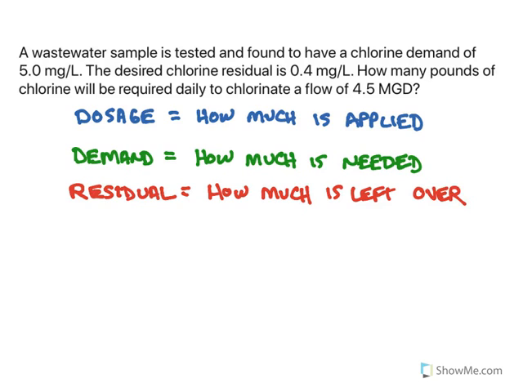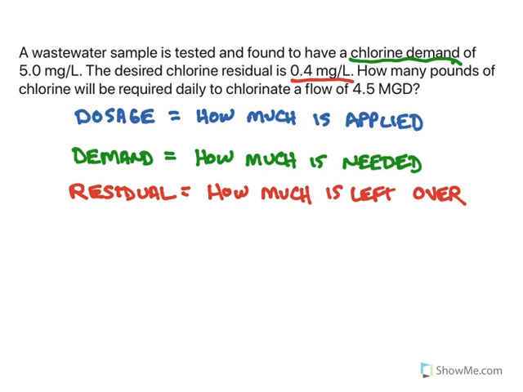So in this question, you are given the residual, 0.4 milligrams per liter, and then you're also given the demand, which is how much chlorine is going to be needed. And so then the question really is, what is the dosage required?